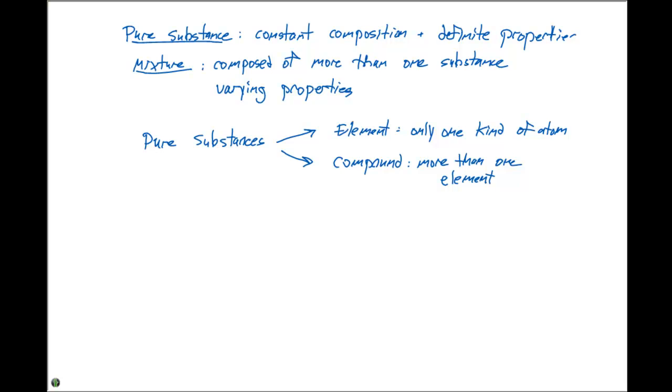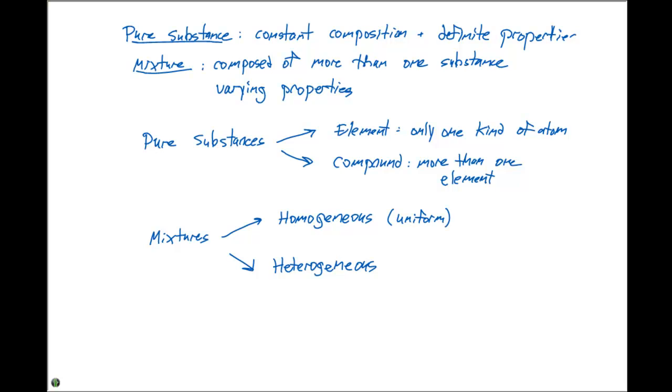In addition, we have two main types of mixtures. The two types of mixtures that we are going to look at are homogeneous and heterogeneous. A homogeneous mixture, we can say, is uniform, and it consists of one phase.